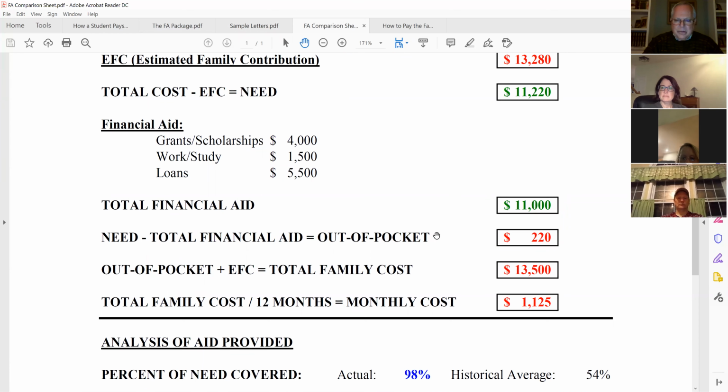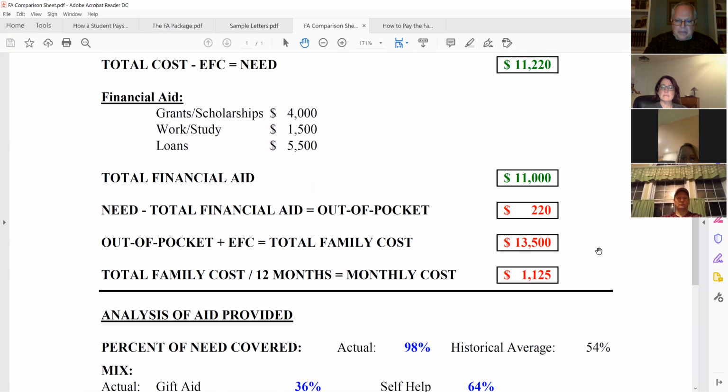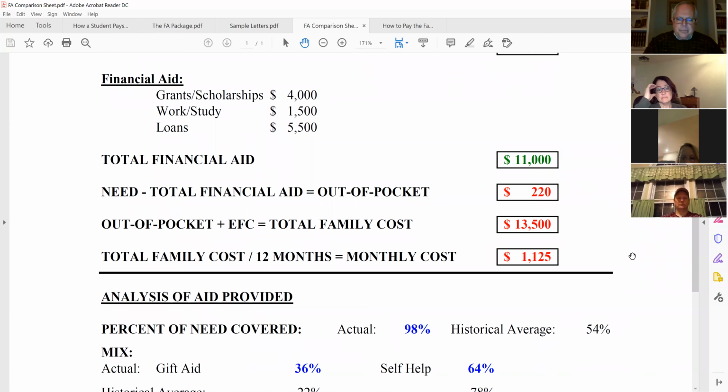I hope I'm making sense. And then, so total out of pocket for the family, in this case, is $13,500. And then what we like to do is take it down to a monthly amount. So, okay, in this case, the family has got to absorb $1,125 a month over and above what the student has been offered in terms of financial aid. All right.